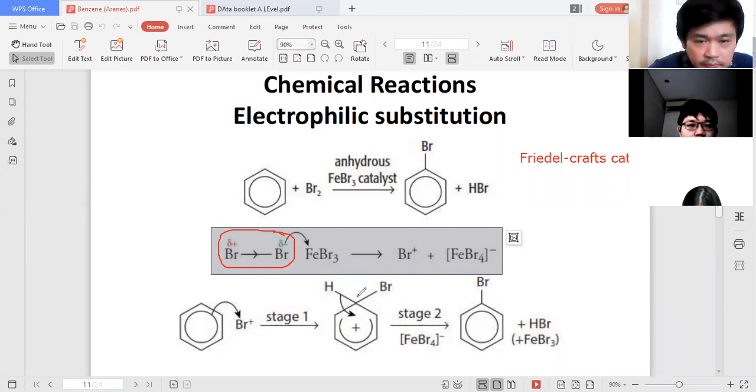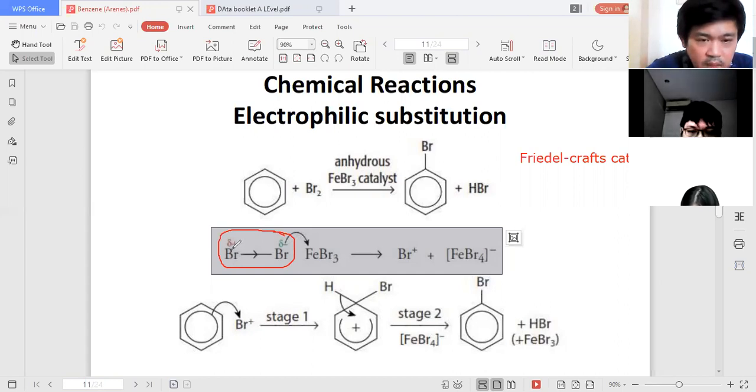In this one, iron(III) bromide has a lack of electrons in the structure of iron. That makes the iron ready to accept electrons from bromine.